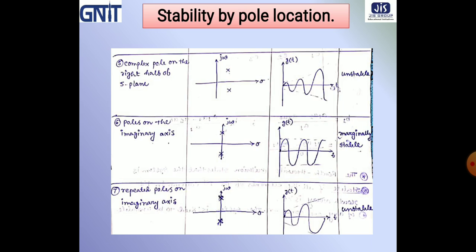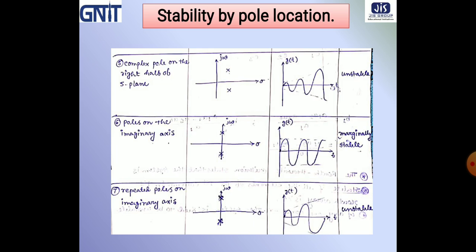And if the complex poles are present in the positive real axis, then the amplitude of the impulse response will increase. That's why it is called unstable. So if the complex poles are present in the positive real axis, then the system is unstable.